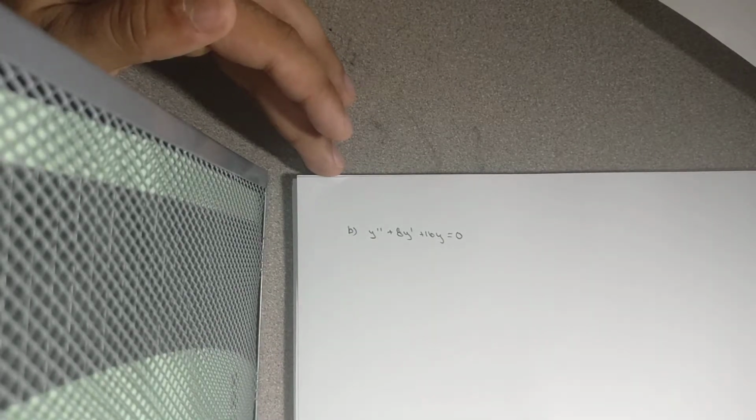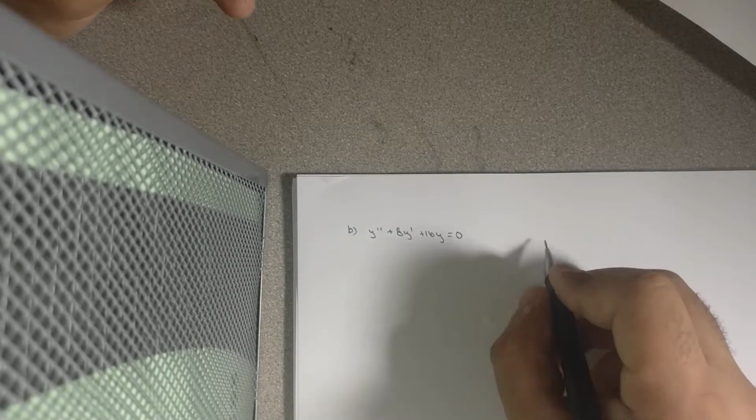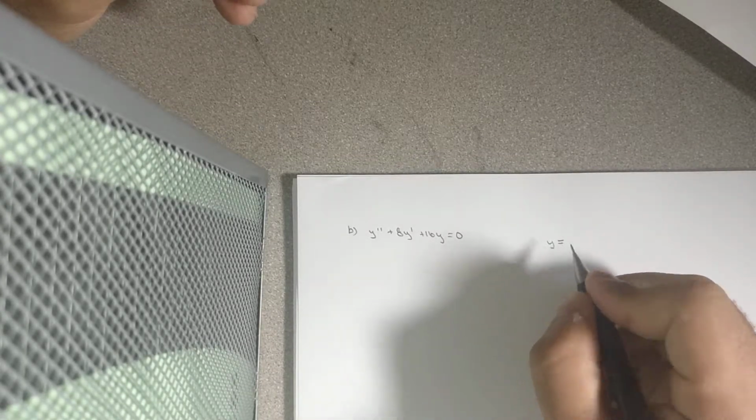So this is my equation, and just like the previous video, I'm not going to go into depth about the solution parameters that we talked about, but you have to realize that these are solutions.